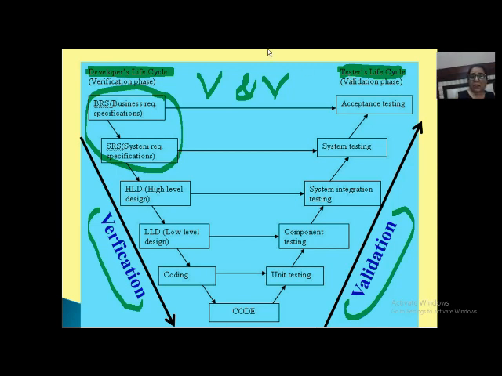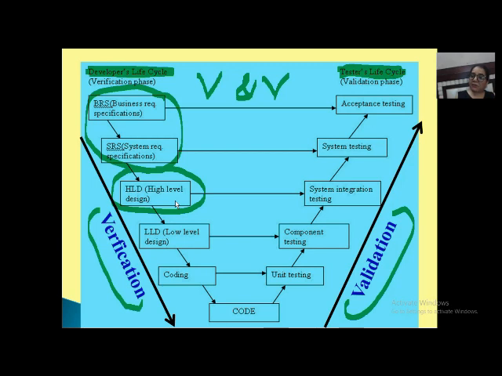Now once your SRS and BRS are ready, that is, the requirements phase is over and both these documents are ready, the high level design is made. This particular design, if you can see, is your second phase, where system integration testing is done in parallel. Your high level design comprises many designs for the architecture of the particular system which is to be developed for the particular organization.